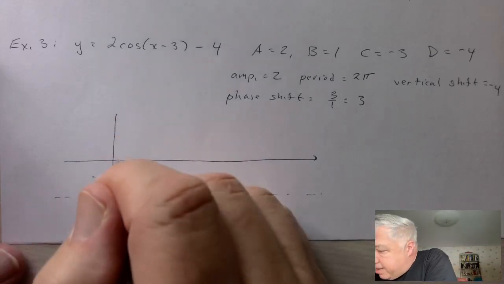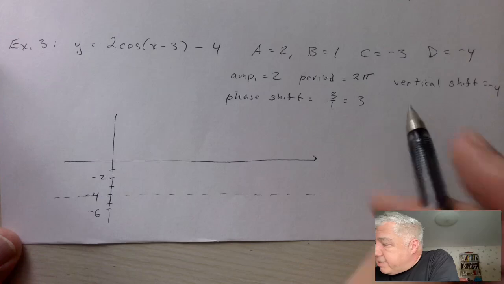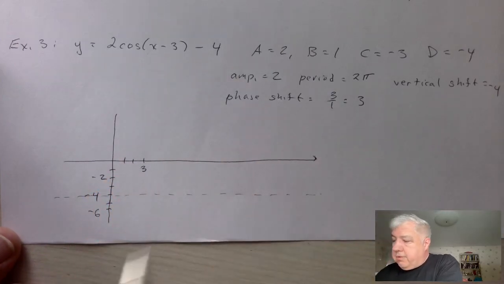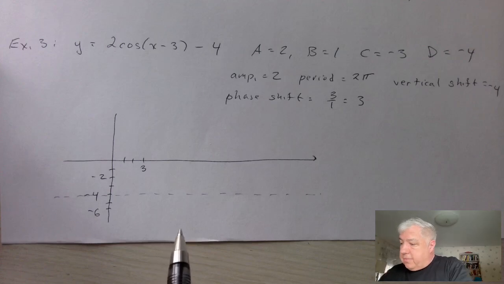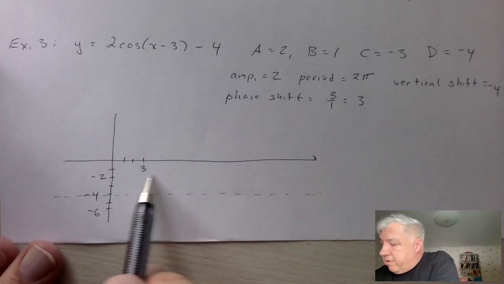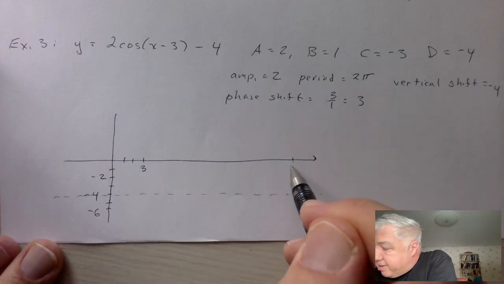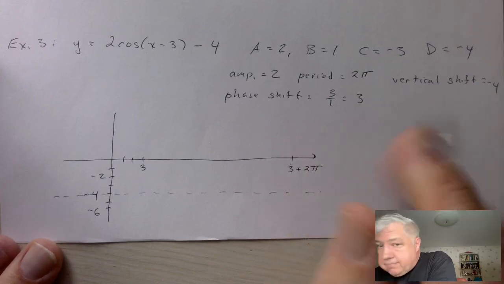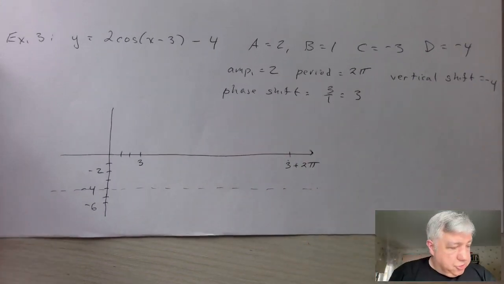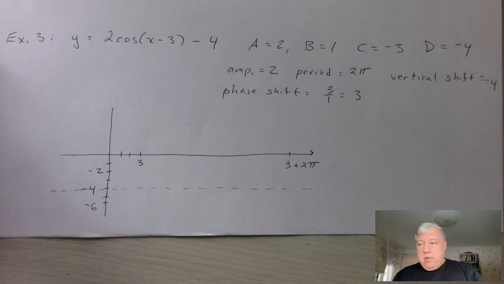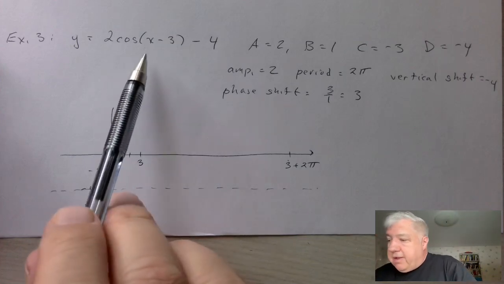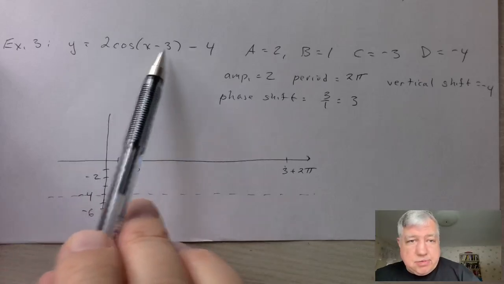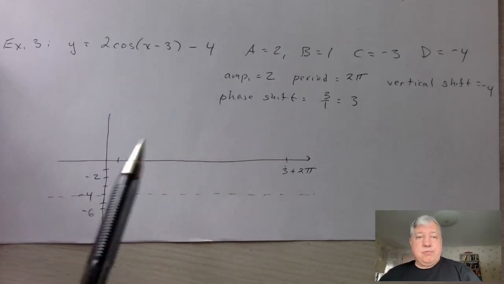And then, as I said, the period starts at 3, and one period ends later at 3 plus 2 pi. Now you can plug 3 in here and easily see that this is cosine of 0, that's 1, so 2 minus 4 is -2.